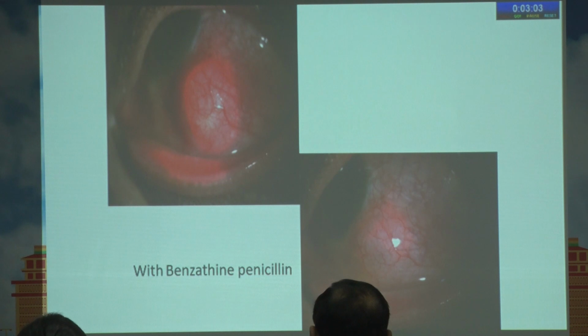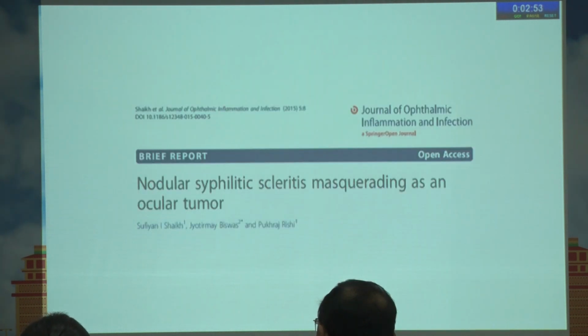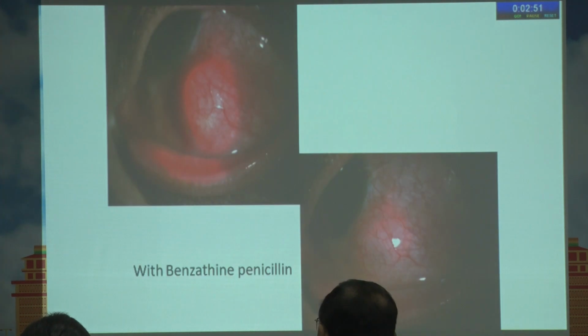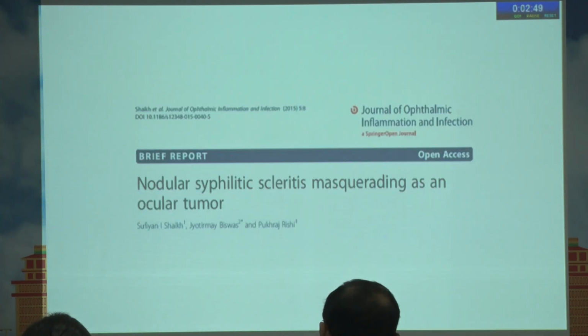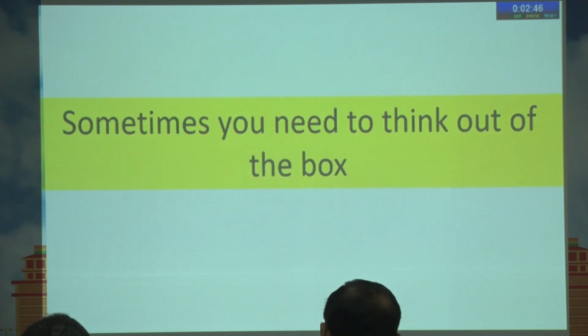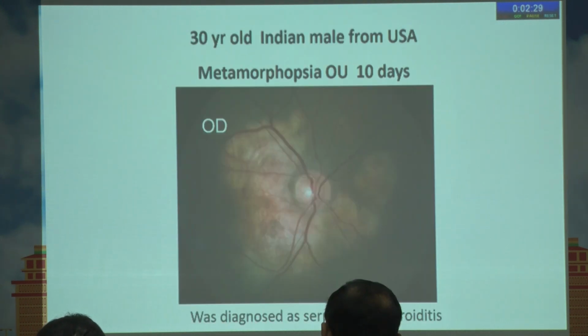What turned out to be a nodular scleritis is actually a nodular syphilitic scleritis, and with benzathine penicillin it showed complete control of inflammation. This was published, a rare situation, masquerading as an ocular tumor, but sometimes you need to think out of the box to make a diagnosis. So if nothing fits, everything comes negative, you need to think about syphilis, which can mimic any type of eye disease.